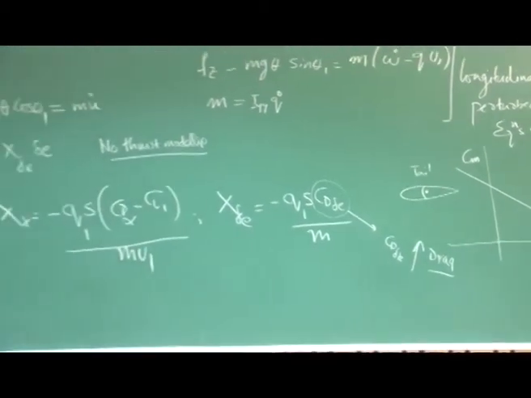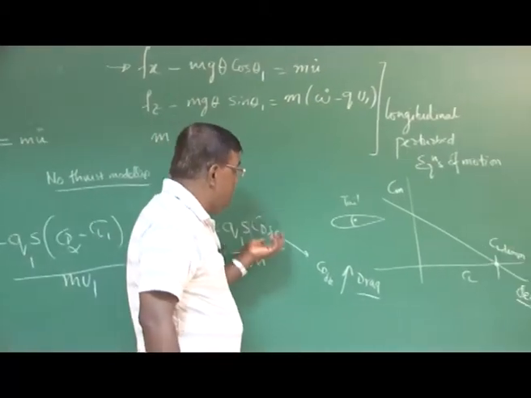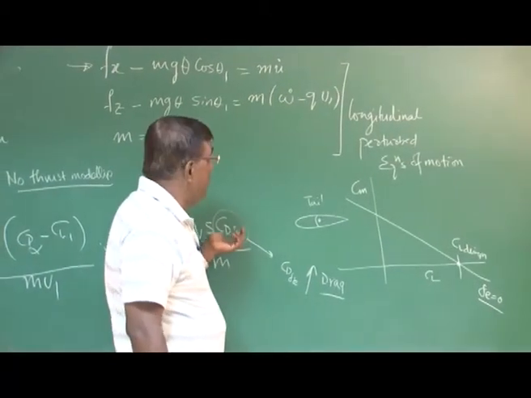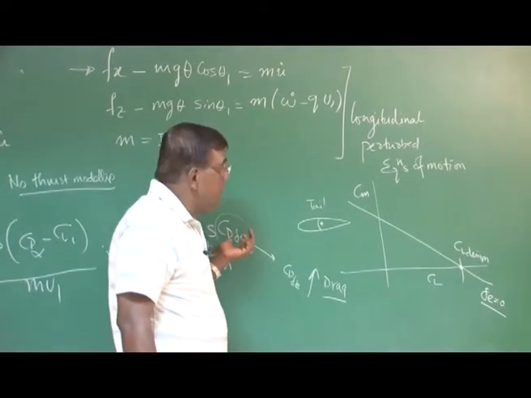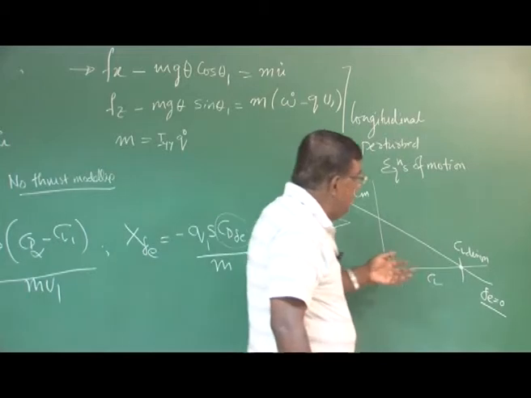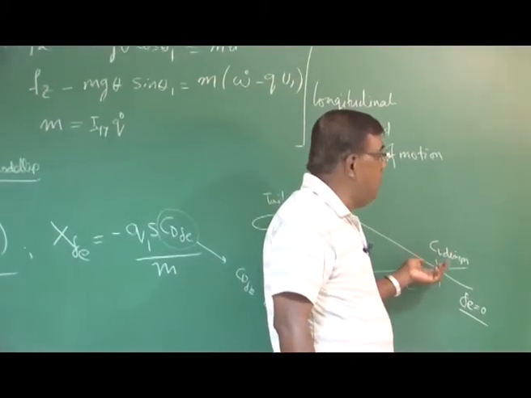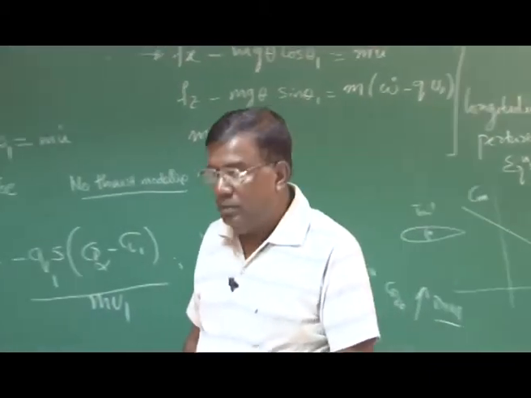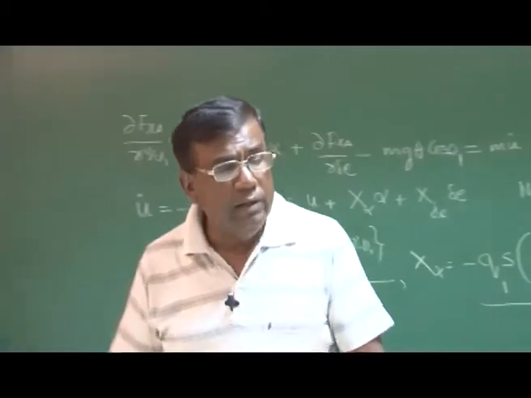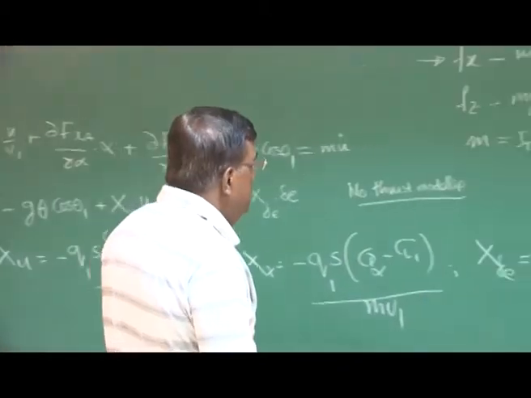So a good designer will ensure that this trim drag, which is attributed to CD delta E, is carefully handled. The best way is that for most of the operation in which you want to fly the airplane, make sure it is trimmable with delta E equal to 0 or very, very low. That is why CD delta E is also an important parameter.